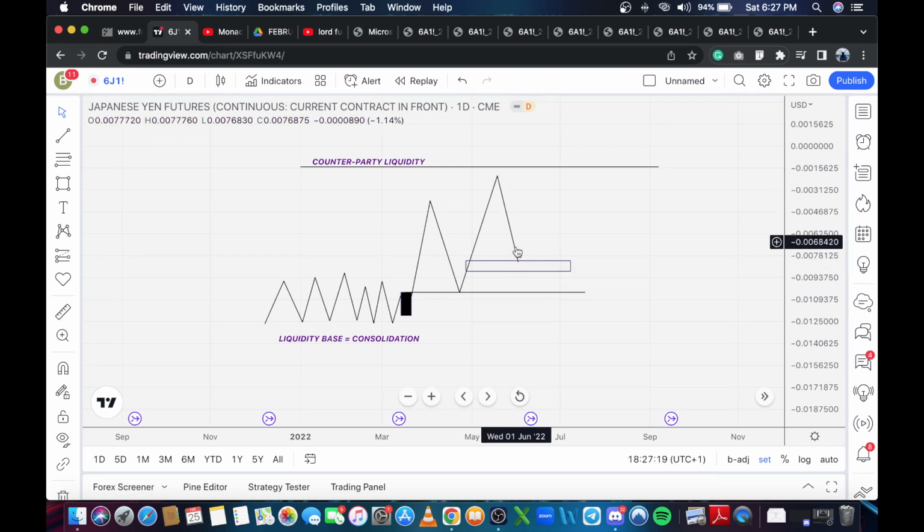So this run lower, algorithmically speaking or institutionally speaking, we call redelivery. So the market is being redelivered to points of inefficient price delivery to then facilitate higher expansion after we have a balanced range of delivery, or an efficient range of delivery.